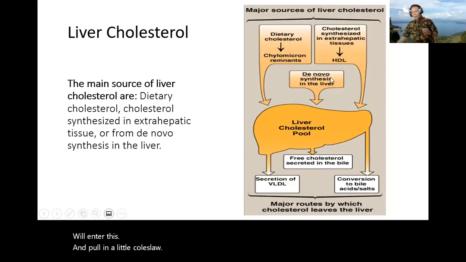The same thing, this high density lipoprotein will enter this pool. Then from this pool, the cholesterol will be secreted by this one. Let's see. You can see this one.